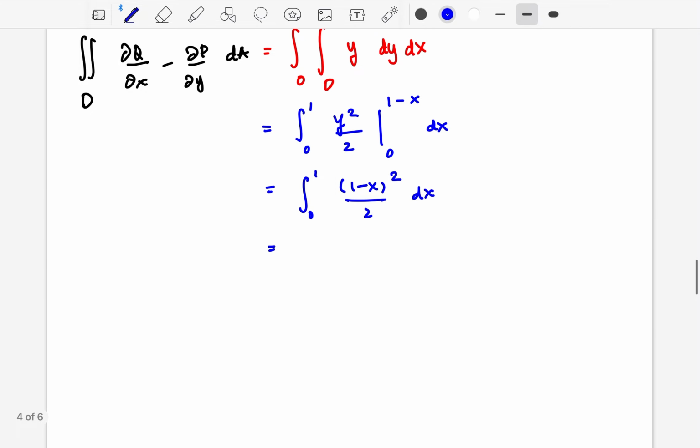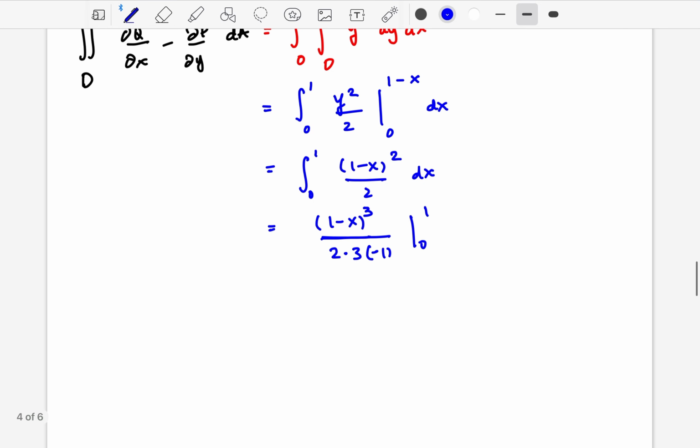This is equal to (1 minus x) cubed divided by 3 times the 2 that we had to begin with. So this is 2 times 3. And then you have to divide by the derivative of the line, which is -1. So that's my denominator there. And then I have to go from 0 to 1. Let me simplify this.